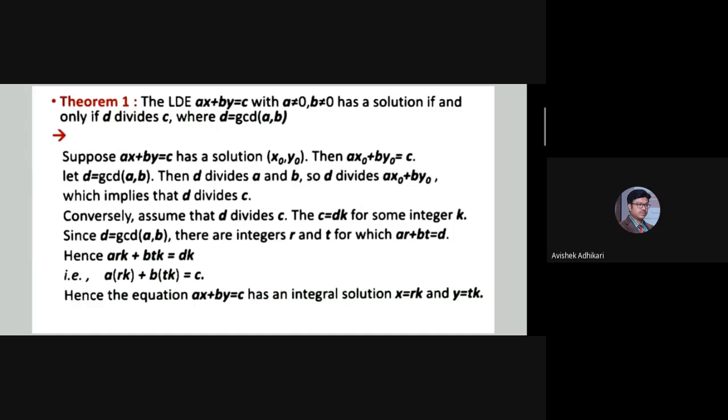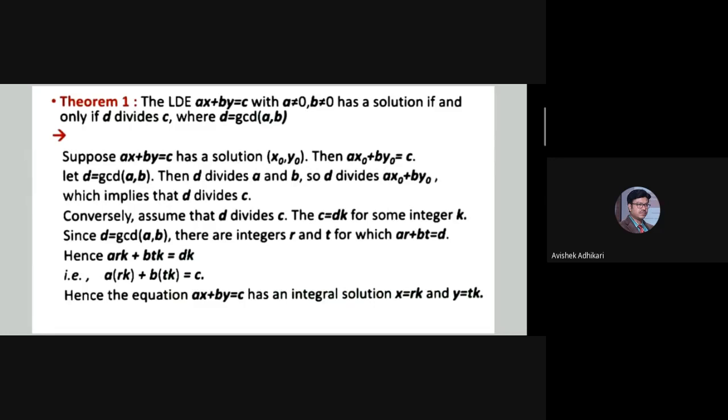Since d equals GCD of a and b, there are integers r and t for which ar plus bt equals d. Now if we multiply this equation by k, it gives ark plus btk equals dk, and dk is nothing but c.